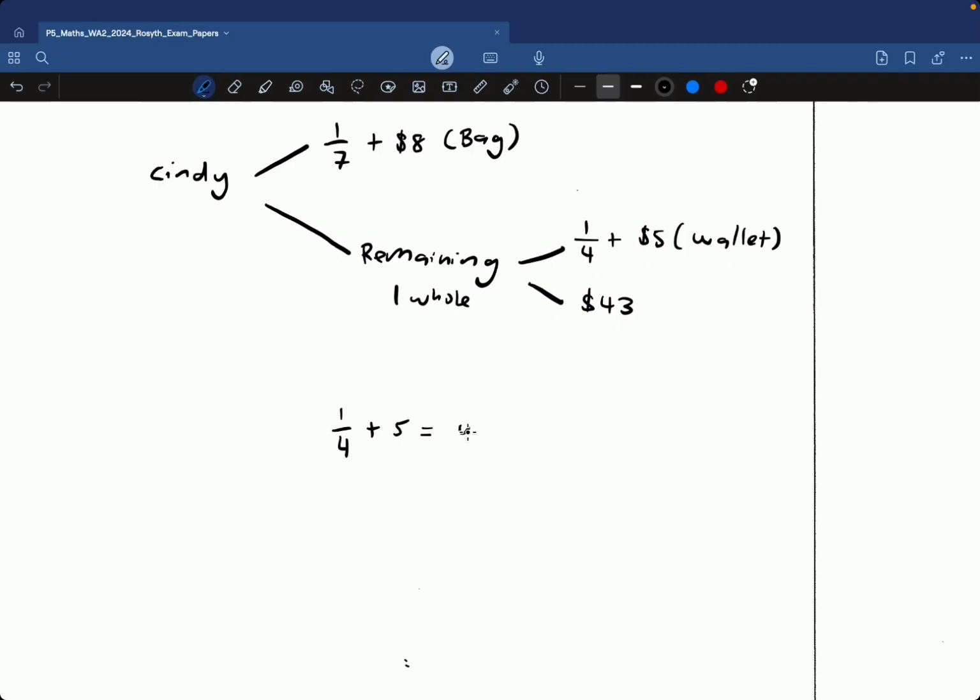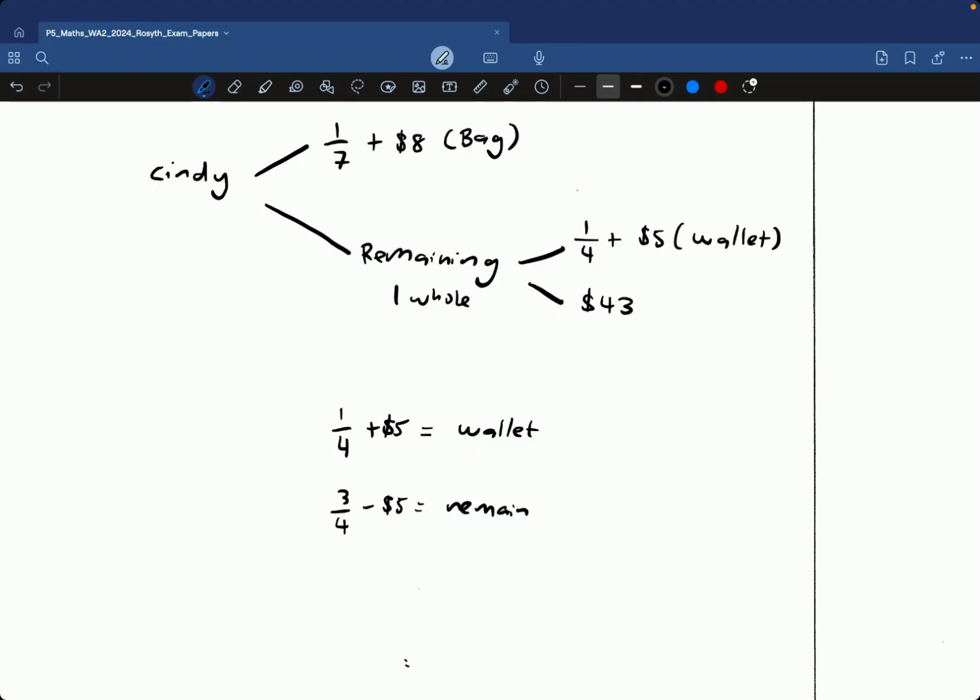If you minus that from one whole, it will be 3/4, and we also have minus $5. And this will be the remainder.